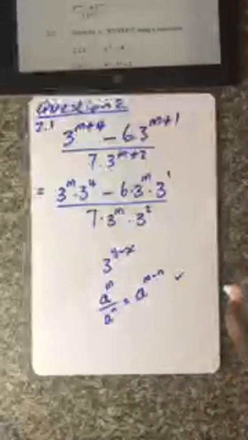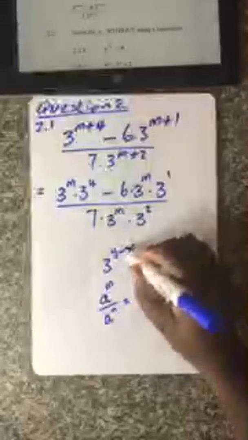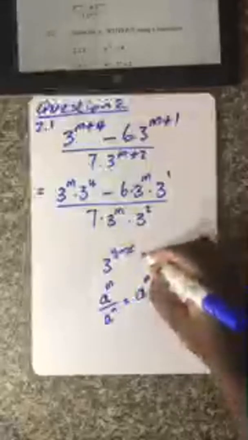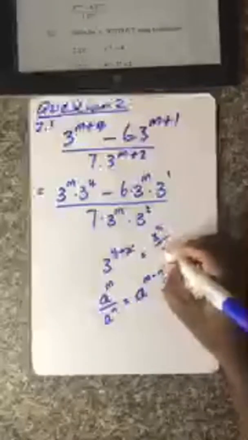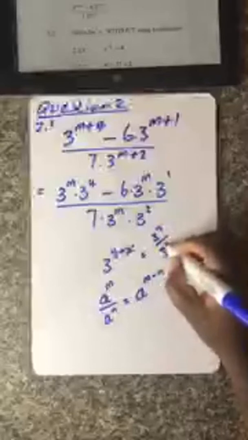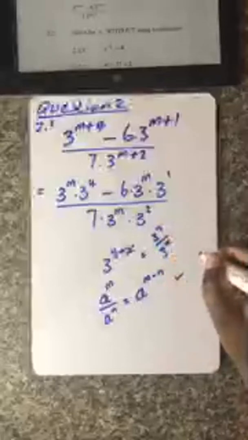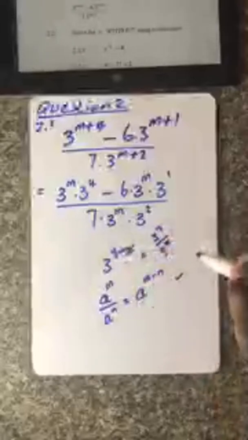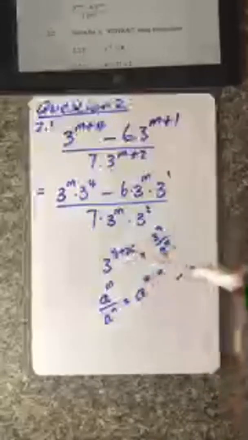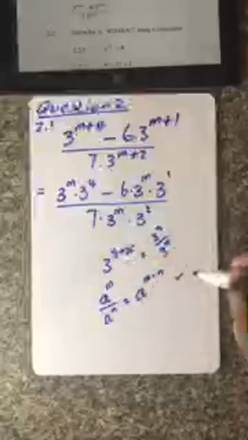So now you can also apply the rule there. That means this should be 3 to the exponent y over 3 to the exponent x, just like I've explained, if it was a positive sign in between the y and x.